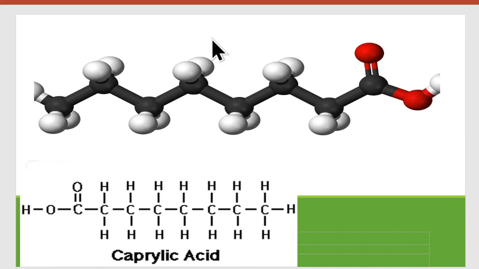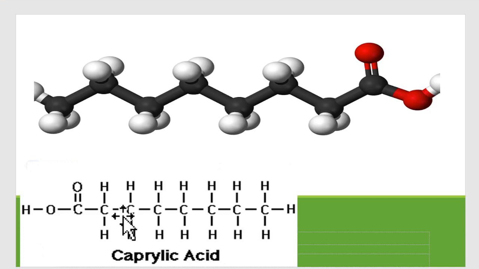So here the bottom one is the 2D model. Here this one is the carboxyl group. This one is the methyl group. This is the omega carbon. This is the alpha carbon. In between, each carbon has 2 hydrogens, and it has 4 bonds. In the carboxyl group, we can see the first carbon has 2 bonds with oxygen, a single bond is OH, and another bond is to another carbon.